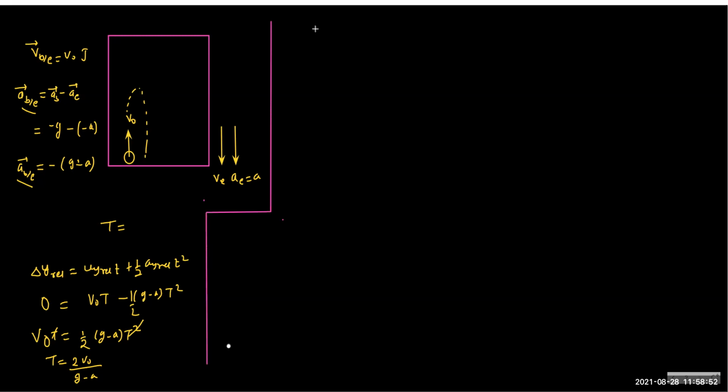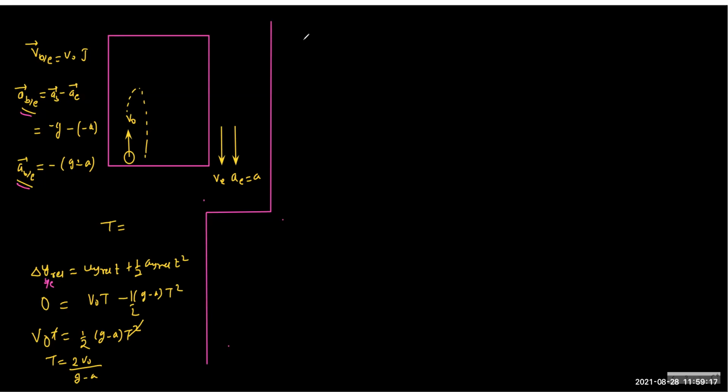Sir, can you show the last part? Why did we take delta y equals 0? Of course, the ball is moving downwards, so delta y of the ball with respect to the elevator is zero. That is always zero, isn't it? So what we are writing is the V_BE expression.